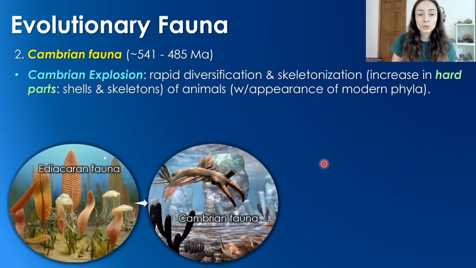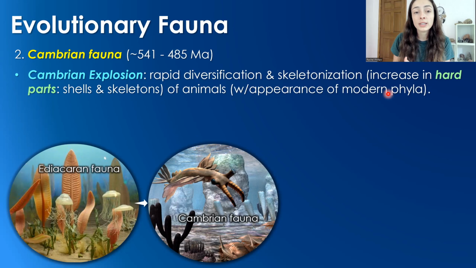The Cambrian explosion marked the rapid diversification and skeletonization of animals, with an increase in hard parts like shells and skeletons, and the appearance of modern phyla, at least some early versions or early species within modern phyla groups. So a phylum is just below kingdom in the taxonomic naming system of groups of organisms.